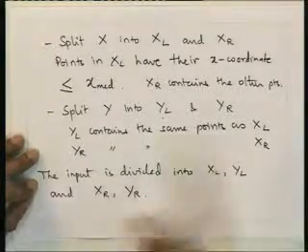In XL, they are sorted in increasing x coordinates. In YL, they are sorted in increasing y coordinates, and so on. So here is the recurse step. You recurse on these two, and you get the distance of the closest pair on either side of x median.